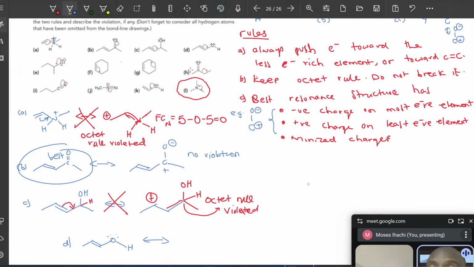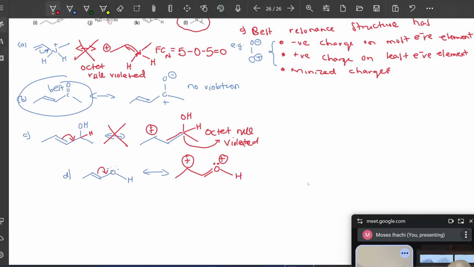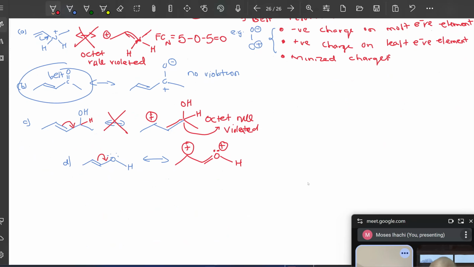Yes, the arrow is going towards the electronegative element, but there's a problem. You tell me. It's the octet rule again, right?